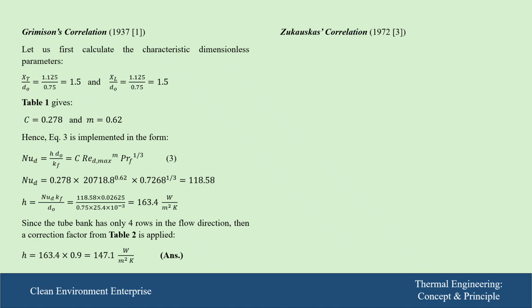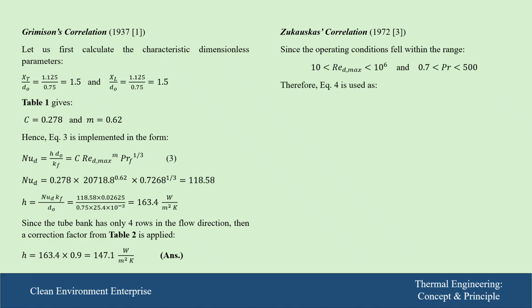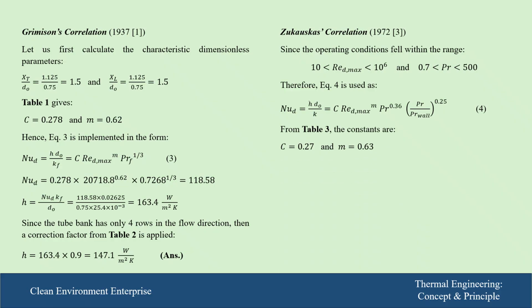The Zukauskas correlation may be used as well, with equation number 4 as presented in this form, and with the knowledge of all these parameters, of course, from table 3 we get C equal 0.27 and m equal 0.63.